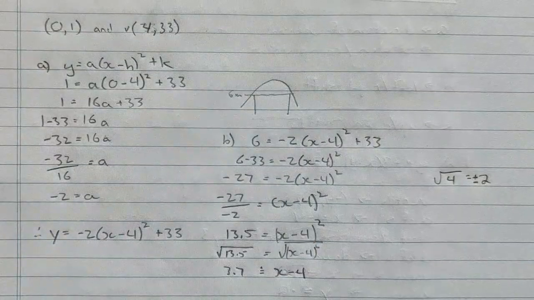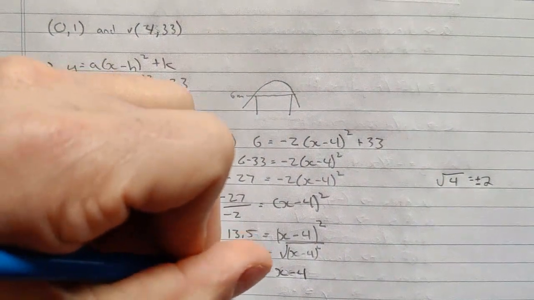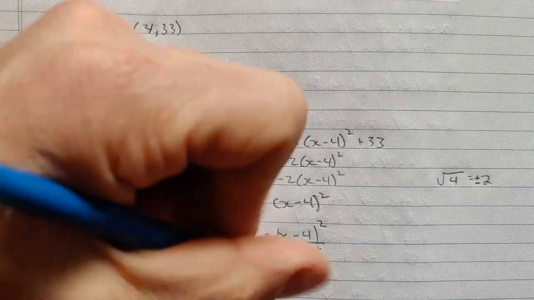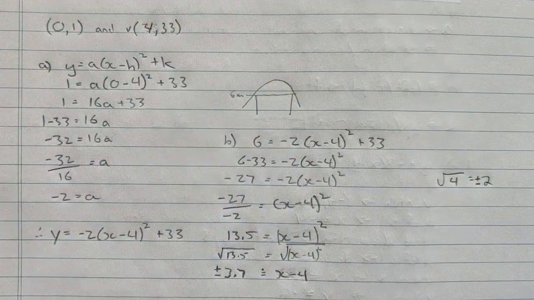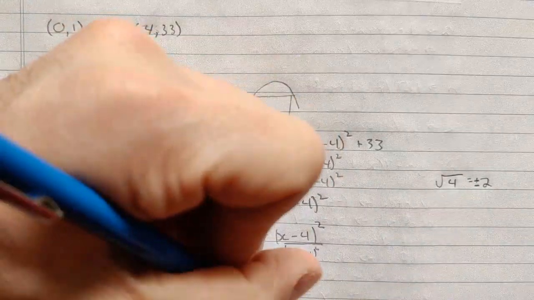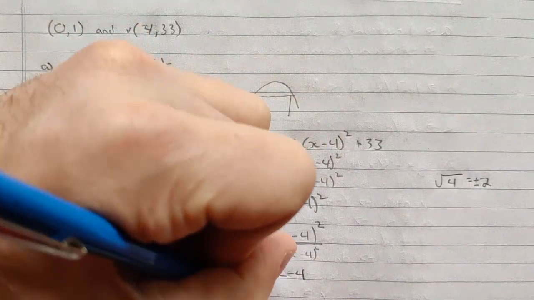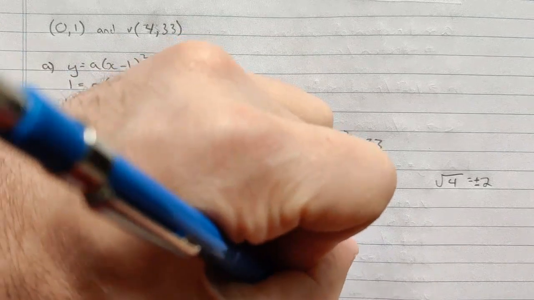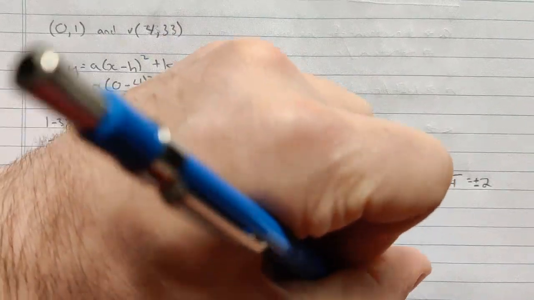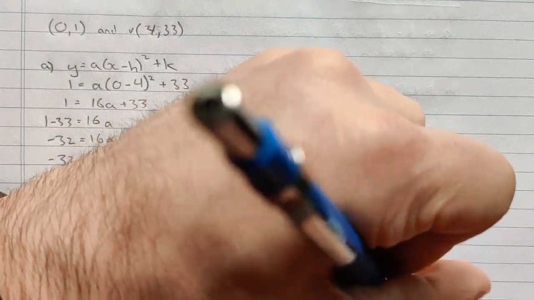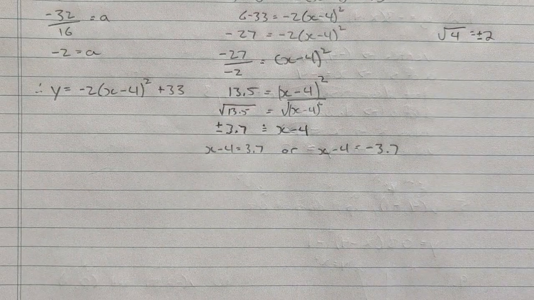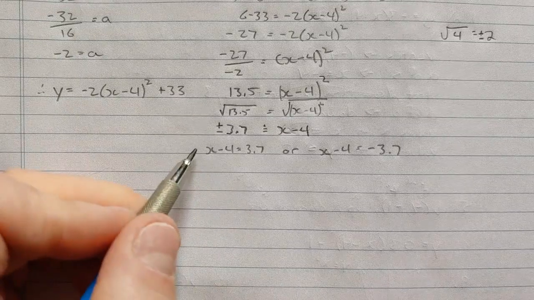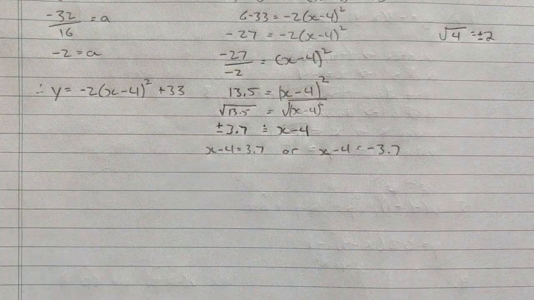But again, it's plus or minus 3.7, so there are actually 2 cases here. x minus 4 equals 3.7, or x minus 4 equals negative 3.7. We solve both of these, and we have the answer for B and the answer for C all in one.